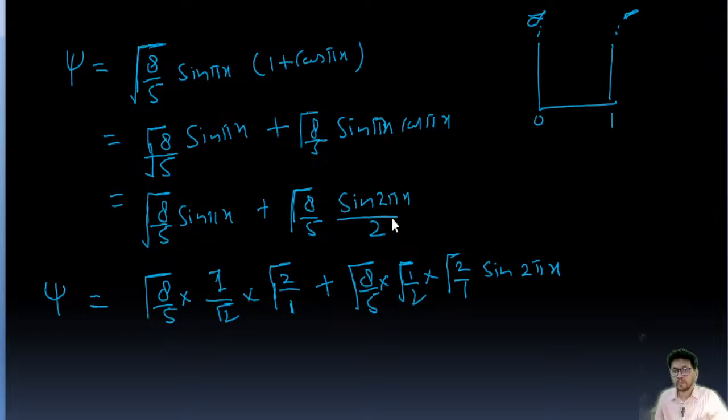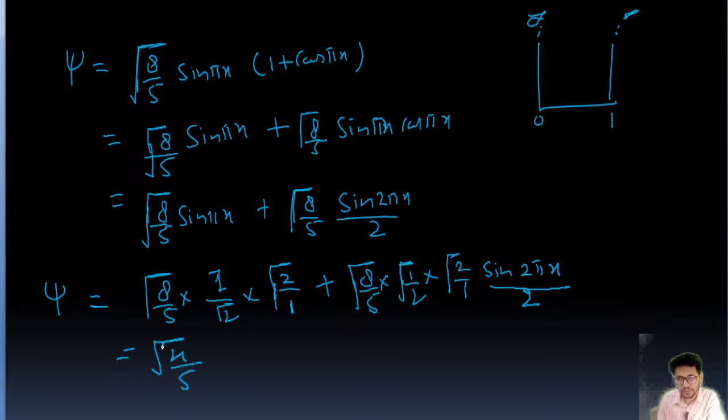Okay, so sine 2 pi x upon 2 is there. So this will simplify. If we simplify it, root 4 upon 2, the 2 will get cancelled, right?